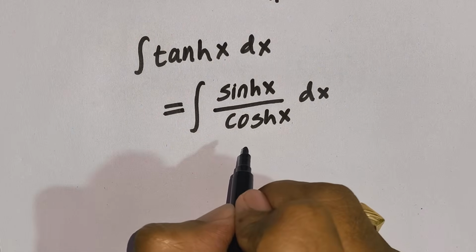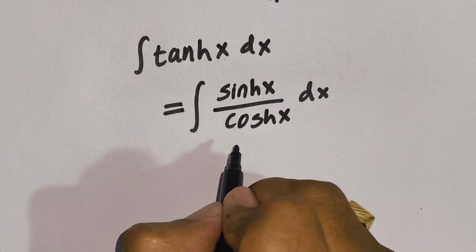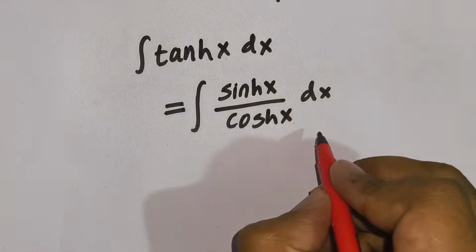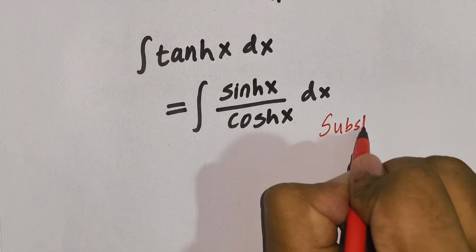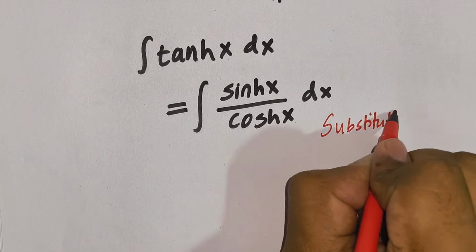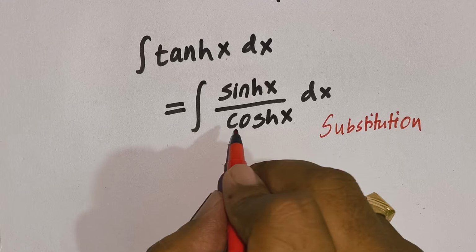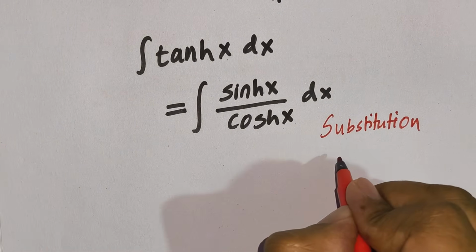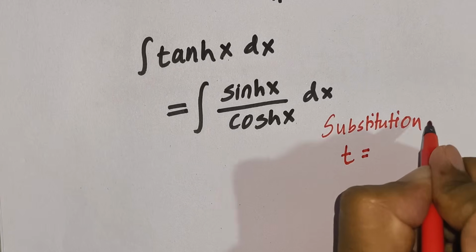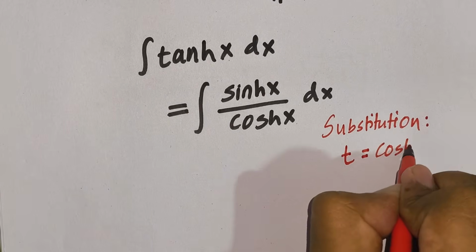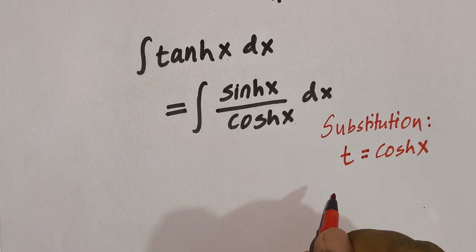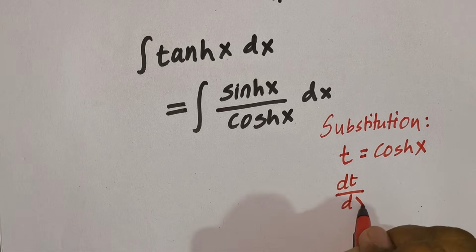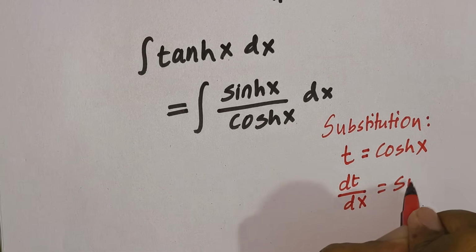And here we will apply a method of integration which is substitution. We will substitute hyperbolic cosine as t. Let's say t is our hyperbolic cosine, and what is its derivative? dt over dx is hyperbolic sine.